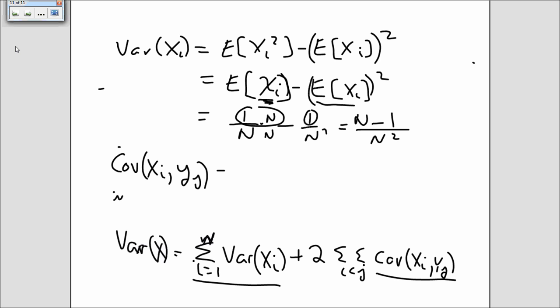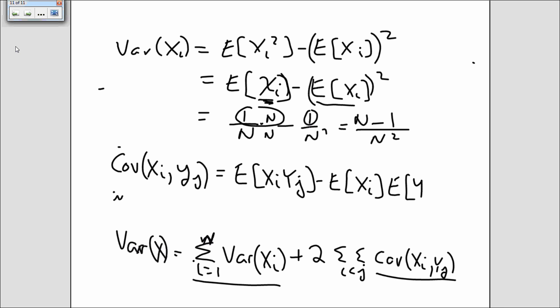Well, by definition, it's the expected value of Xi Xj minus E of Xi times the expected value of Xj.